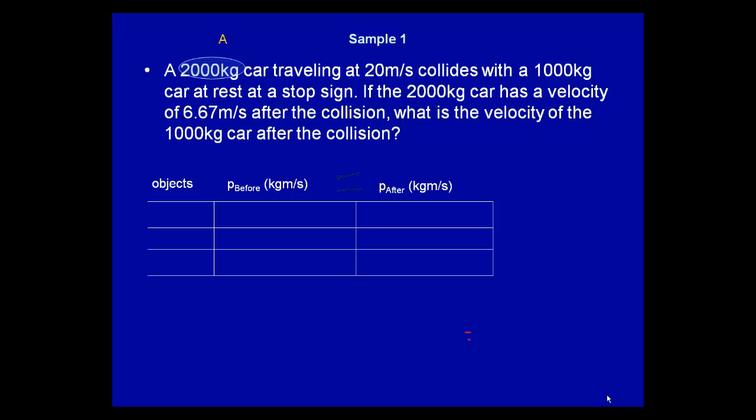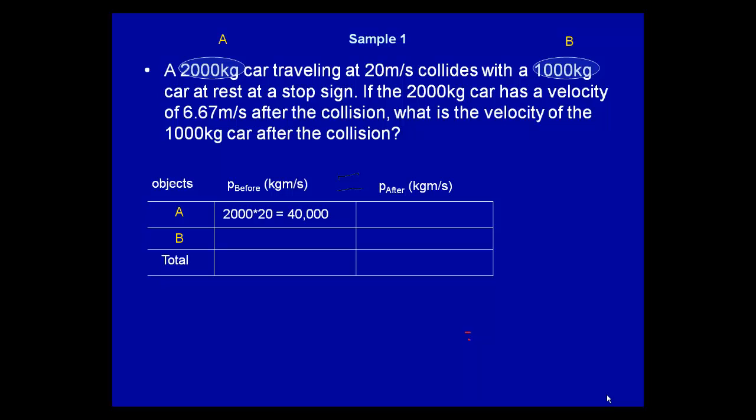So, for example, I'm going to call the car object A, and I'm going to call the other car object B, and I'm going to list those. So I have an object A and an object B. You could also write car A and car B in there if you want. And then, of course, the total. And I know that those two momentums are equal to each other.